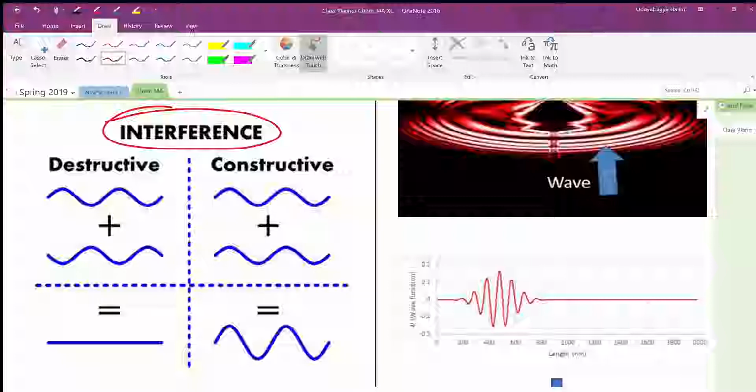When you add it up together, everything goes to 0, and this is called destructive interference. And of course, you can have any scale between the two. You can have a tiny bit of interaction or a lot. So there's a gradient between constructive and destructive interference. This is the property of a wave.